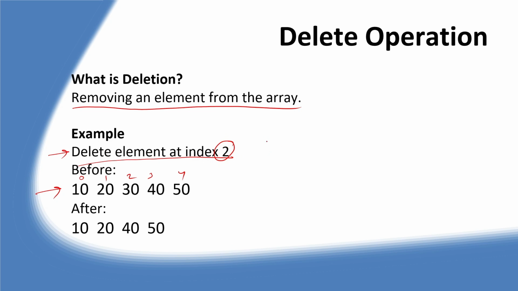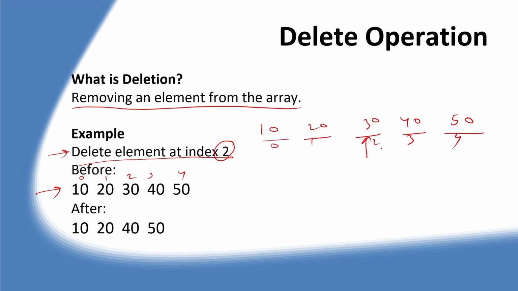Currently we have 5 values: 10, 20, 30, 40, 50, at index 0, 1, 2, 3 and 4. We want to delete the element at index 2, that means this value.